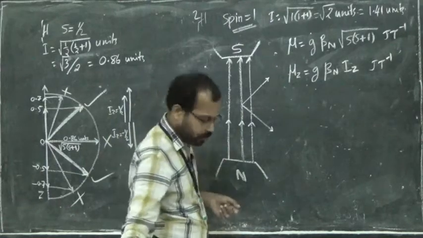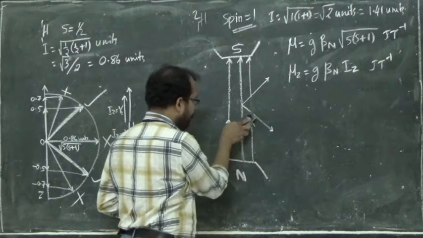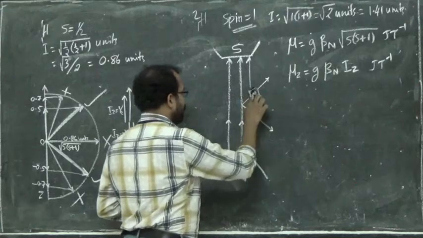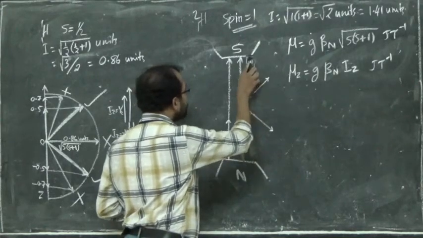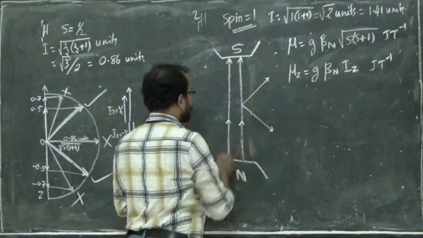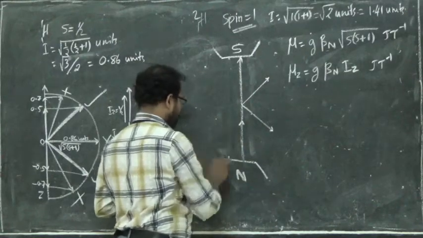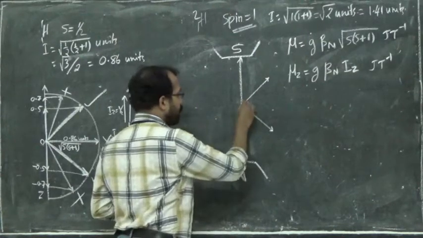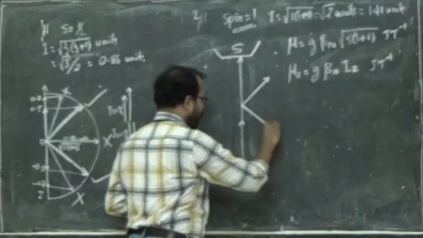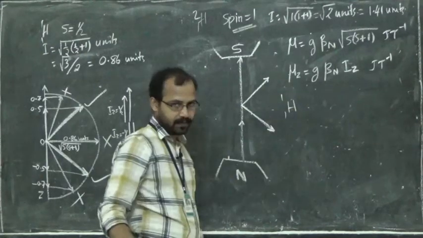So in order to visualize it in a better way, let me remove the other lines of force which are not in use for our purpose, for understanding purpose. These two are the allowed orientations of the angular momentum for the H11 nucleus.